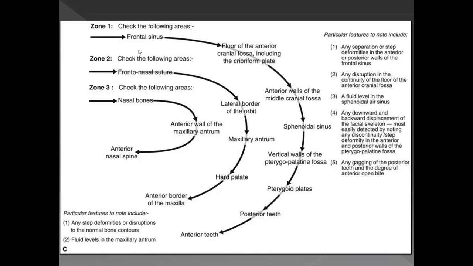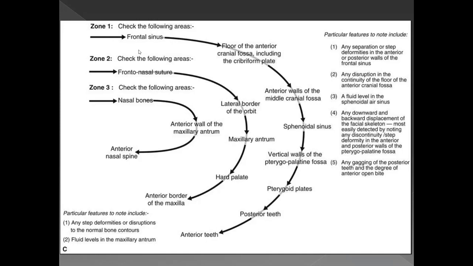Since this one is passing through the sphenoid sinus somewhat, look for any fluid level in the sphenoid air sinus, any backward and downward displacement of the facial skeleton, any gagging of the posterior teeth, and any degree of anterior open bite. So these are the 5 things you have to be particularly careful about whenever you're evaluating a true lateral skull.